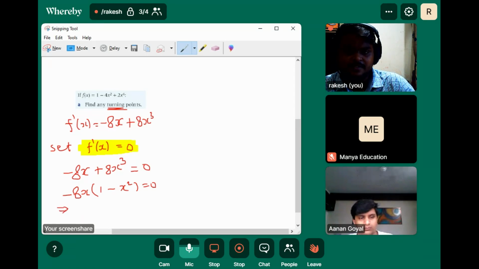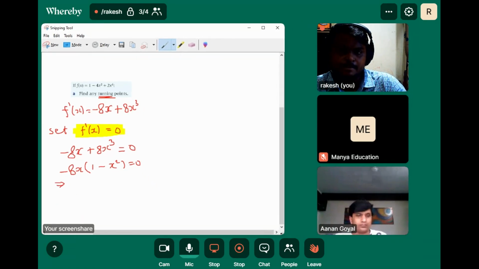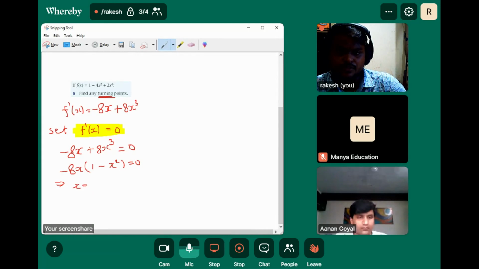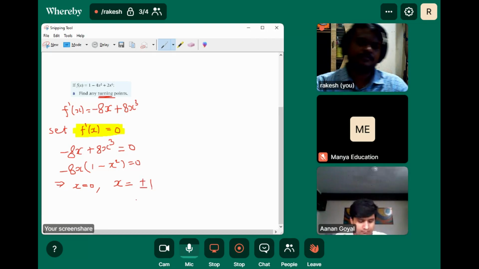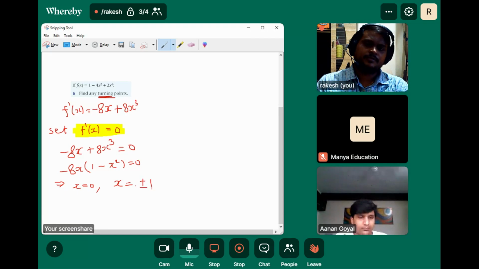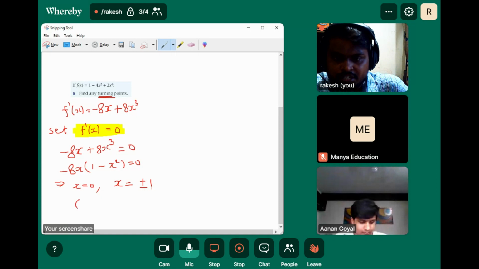So this gives all the critical points. Means x is equal to 0 or x is equal to plus minus 1. Okay. So these are called critical points.